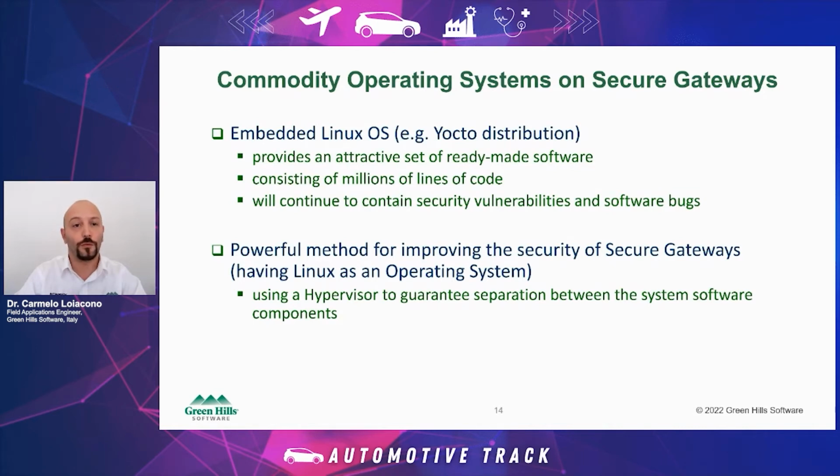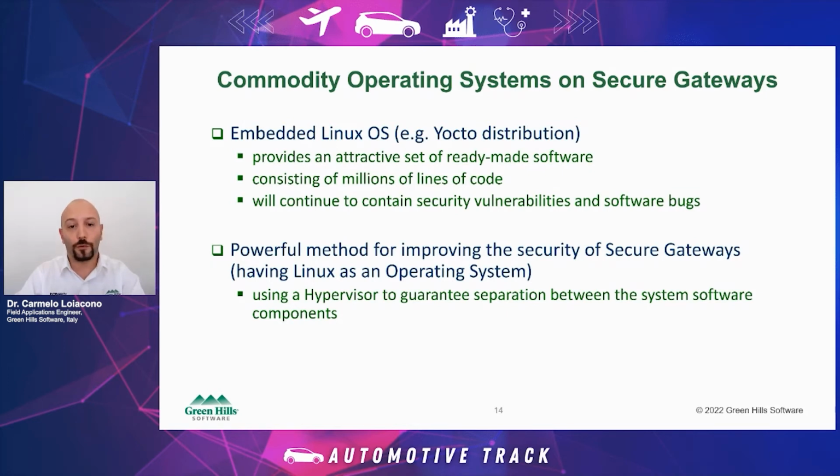The advantage of Linux is that it provides an attractive set of ready-made software, but it consists of a lot of lines of code. So the probability of finding a security bug is very high.